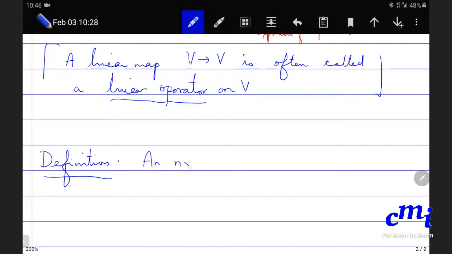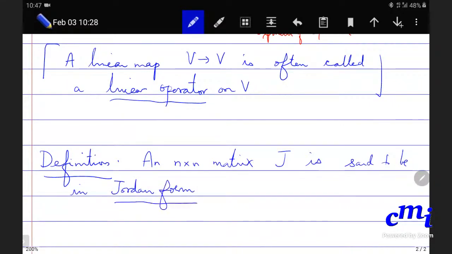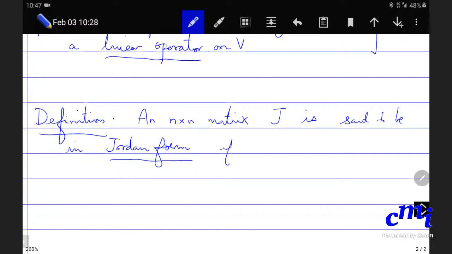An n by n matrix J is said to be in Jordan form if it is block diagonal and each block is a Jordan block.